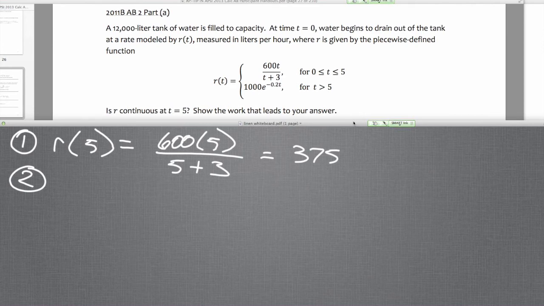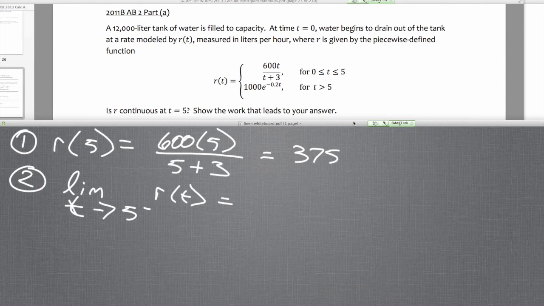So what do I have to check on part 2? I need to find the limits. And since it's a piecewise function, I need to find both directions. So limit, and my variable here is t, so instead of x, I'm going to say as t approaches 5 from the left of R of t.